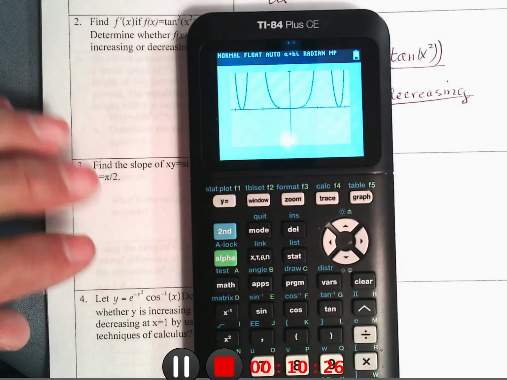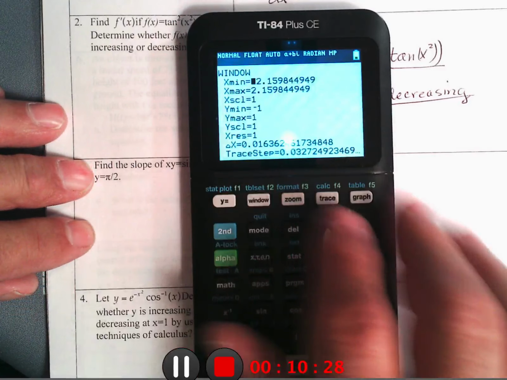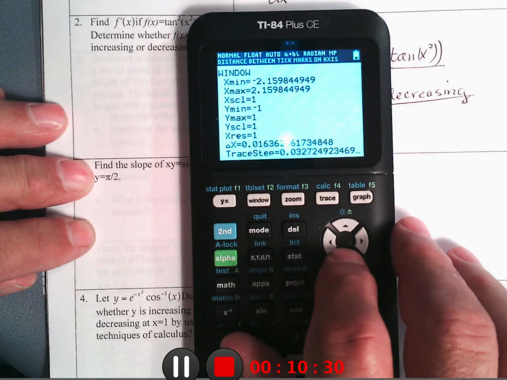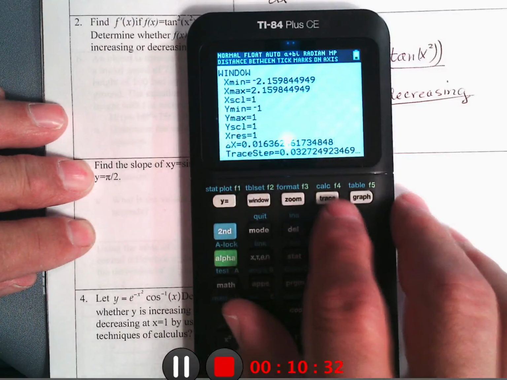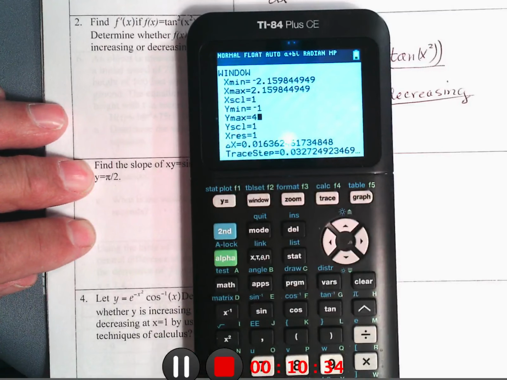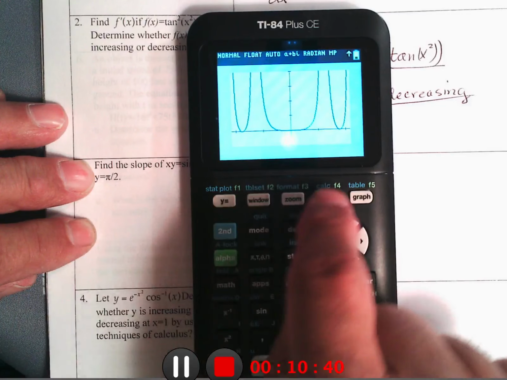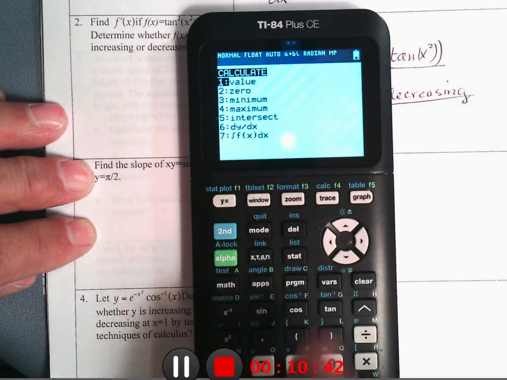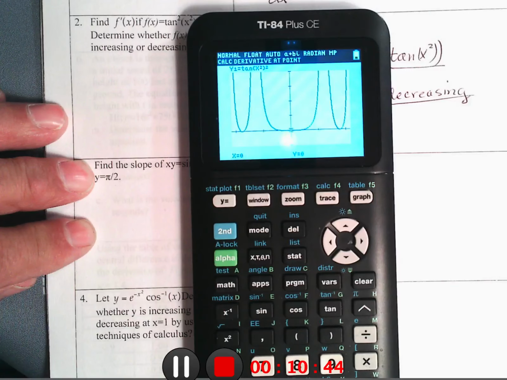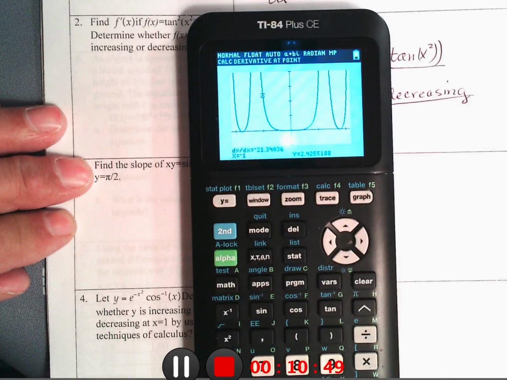Let's look a little higher here. Let's look at the y max. Let's make it be 4 or so. Graph. And now let's go second, calculate the derivative at -1. And there you can see that it's going downhill, negative.